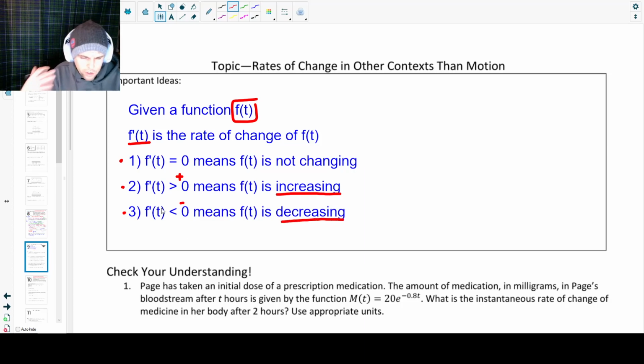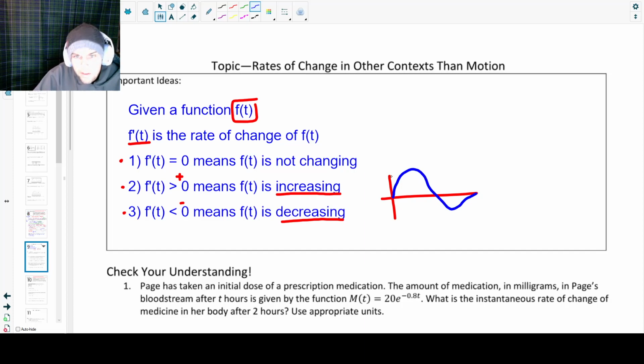So again, just in terms of interpreting that previous scenario, we looked and saw when the net change, that h of t function, was positive, when those values were up above the x-axis. It was something like this, up above the x-axis and then down below it.